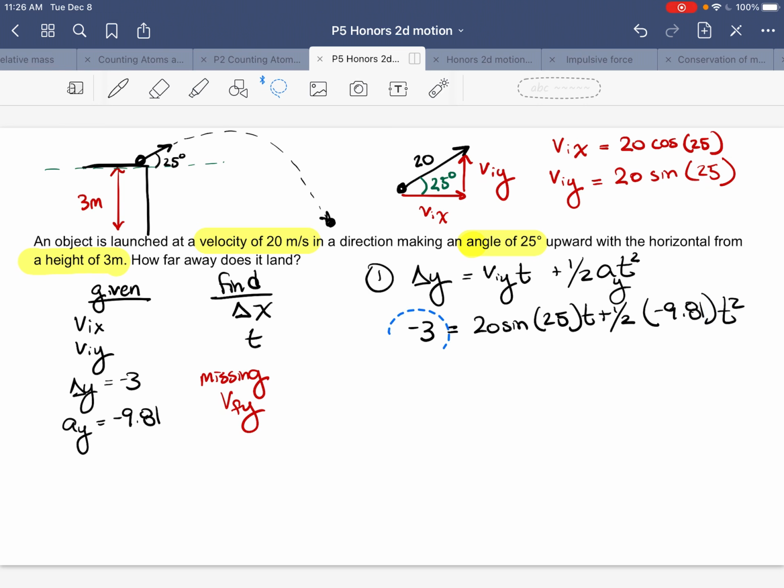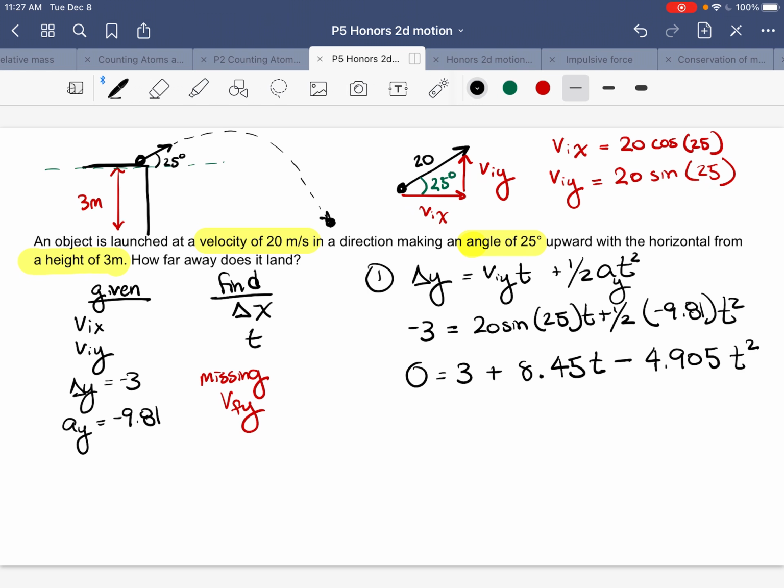Quadratic has to be equal to 0, so I need to move that 3 over to this side, and then I'm going to simplify these into decimal form to make it easier to work with. So I'd have 0 equals 3 plus 20 sine of 25, which is 8.45 t. 1/2 times negative 9.81 is negative 4.905 t squared.